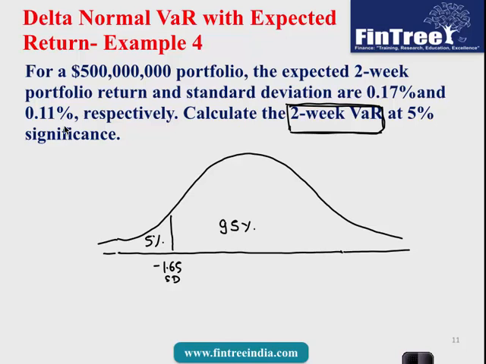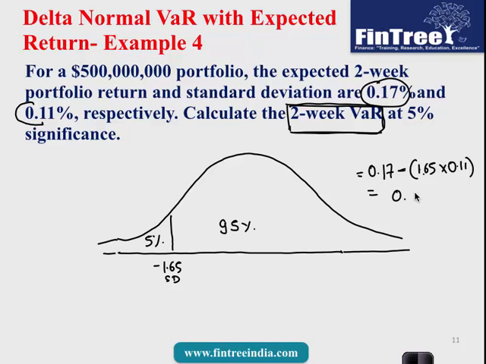Mean is given to us as 0.17%. So 0.17 minus 1.65 into the standard deviation 0.11. And in percentage term, that's how much?